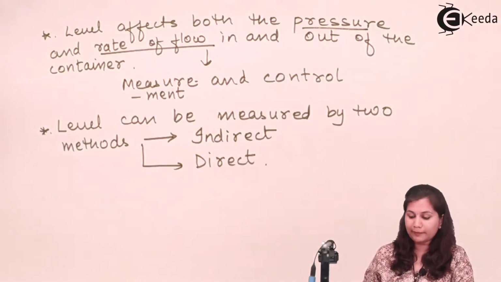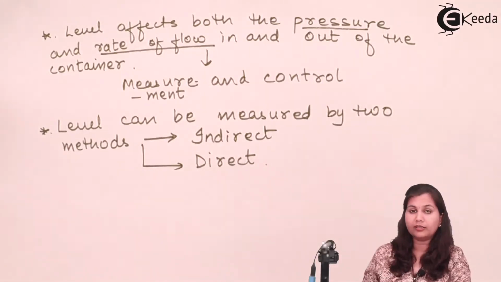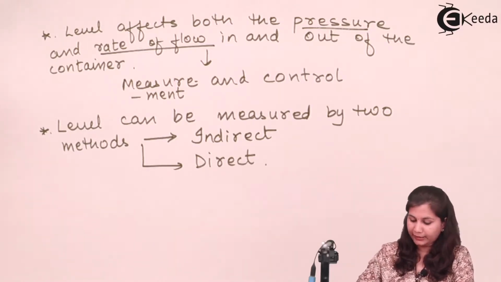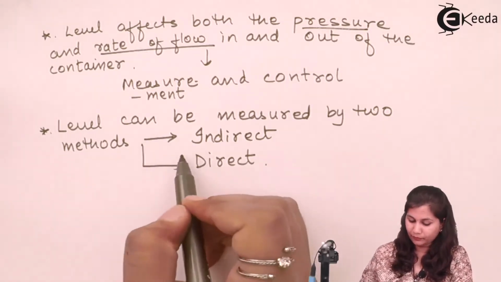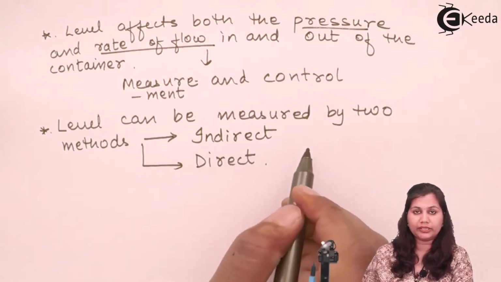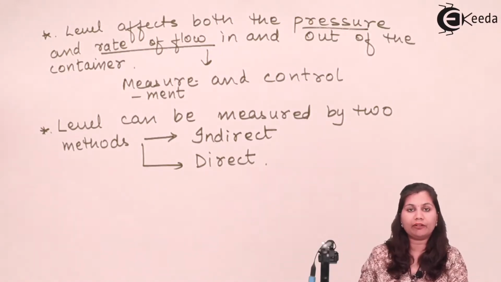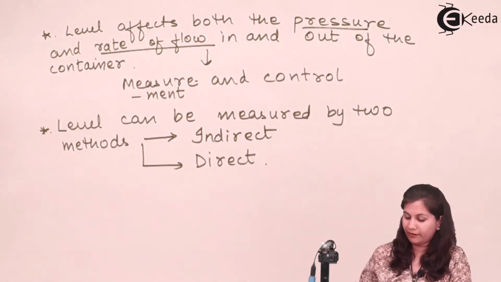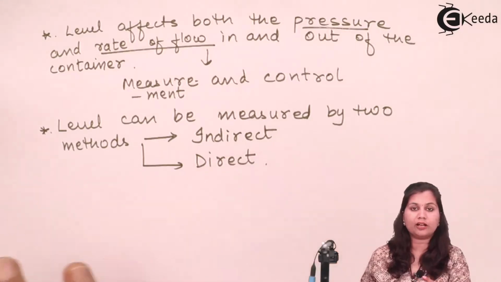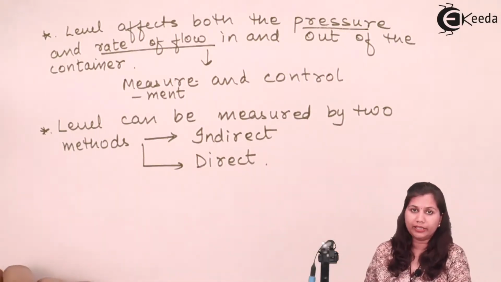So there are two types of methods through which the level can be measured. In the indirect method, the level is converted into another signal and that signal is measured, meaning indirectly the level of the liquid is measured. Whereas in direct methods, we get the direct reading of the level of the liquid.